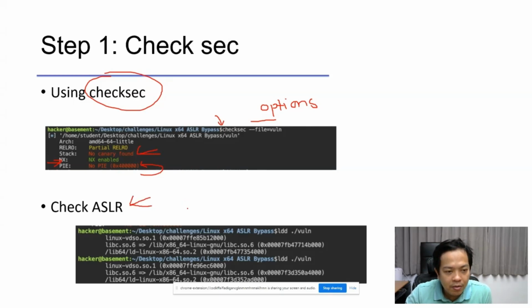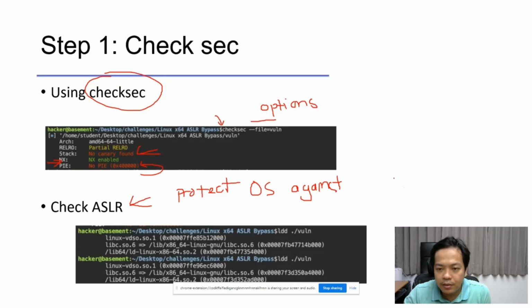Okay, I will tell you later about this mechanism. This is one way to protect our OS against buffer overflow.